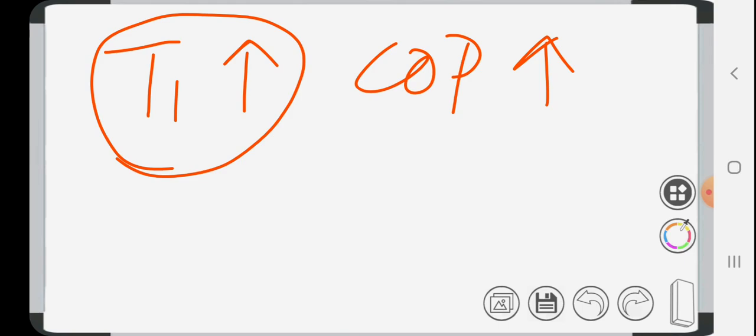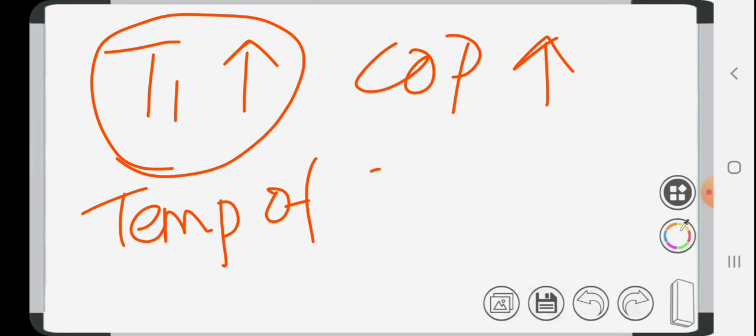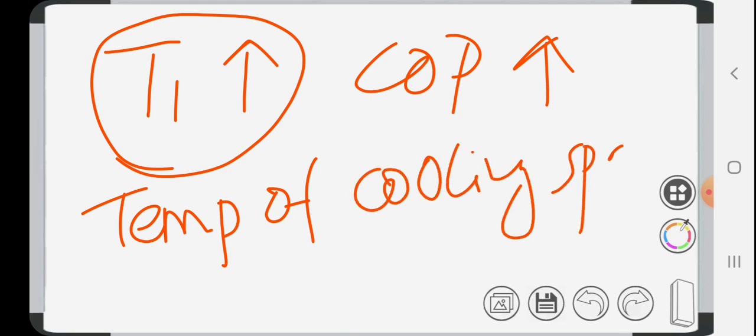Our objective is to maintain the temperature of the cooled space lower.